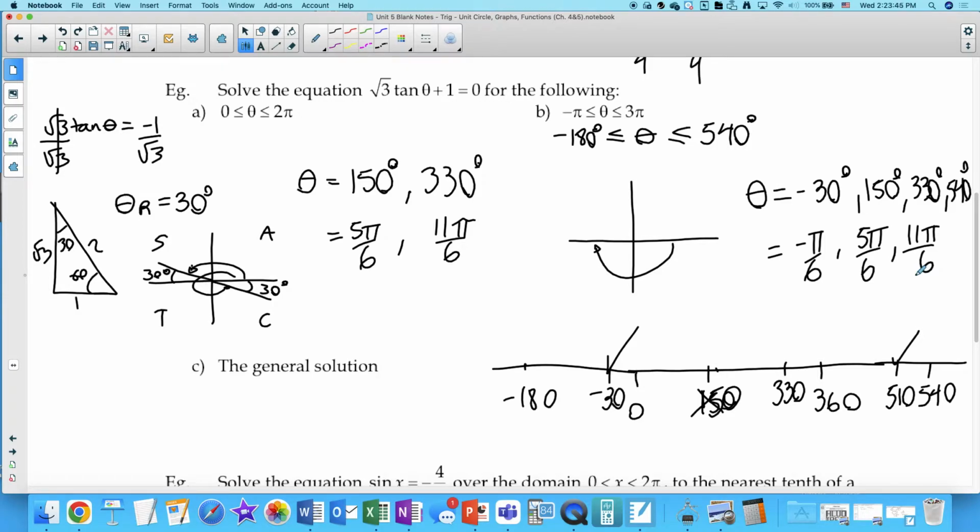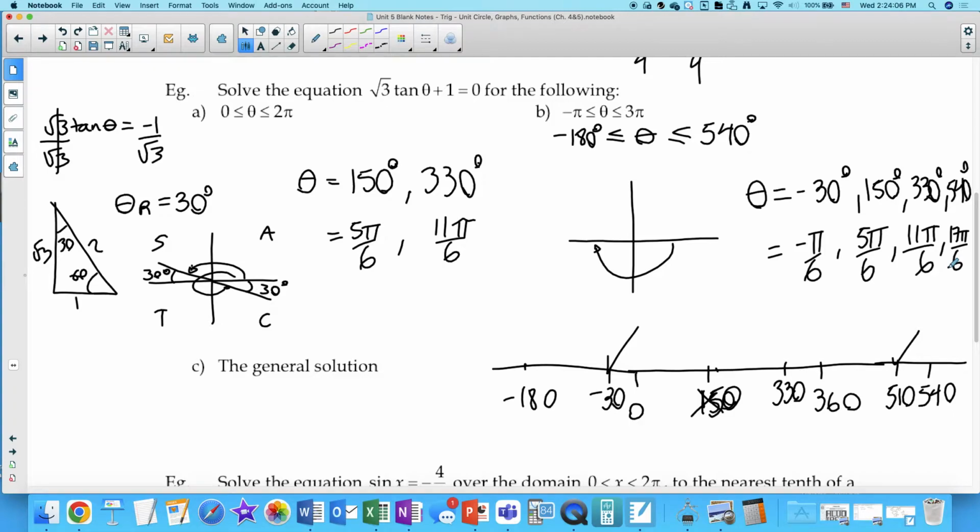What can we do? 17 over 6? 17 pi, thank you. 17 pi over 6. Got to reduce fractions with the denominator of 18. Okay? So there are all of the solutions within that domain.